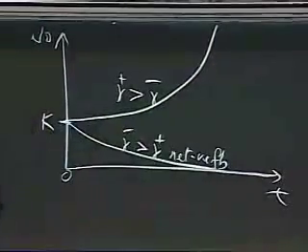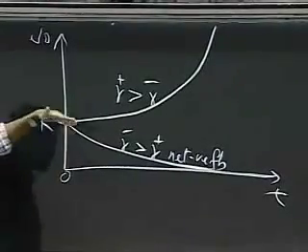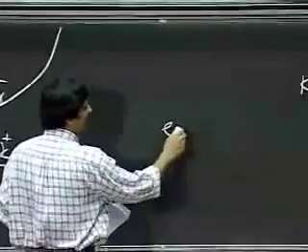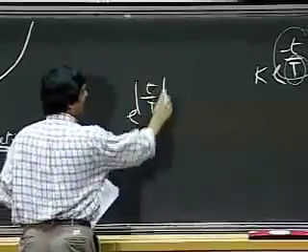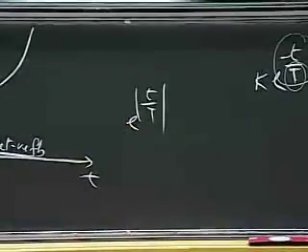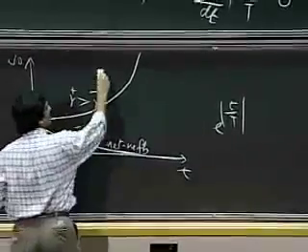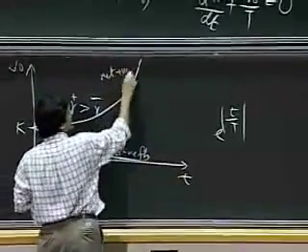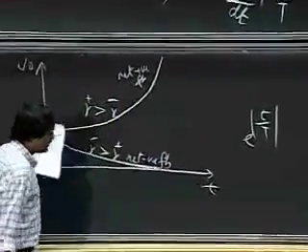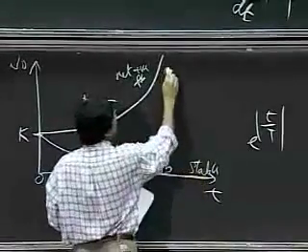I start off at 0, and I make a small perturbation, and the output should go as T divided by capital T. The dynamics of this is, it goes berserk. So it's net positive feedback. This is called a stable situation. This is unstable.